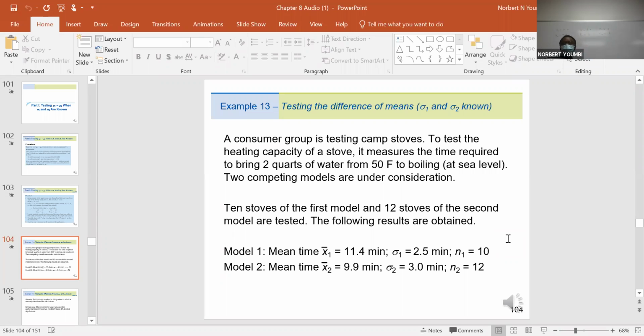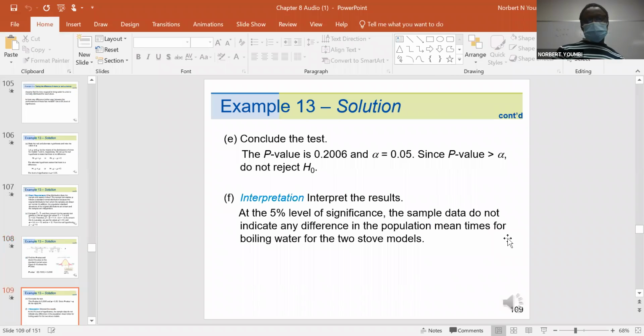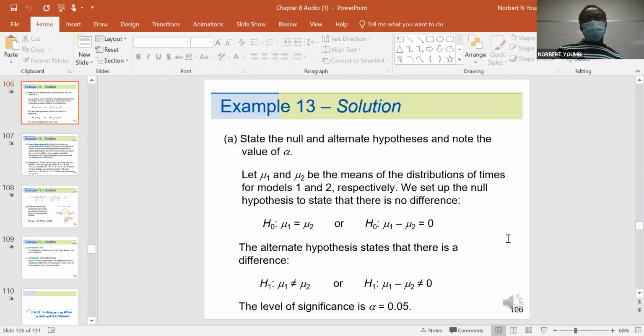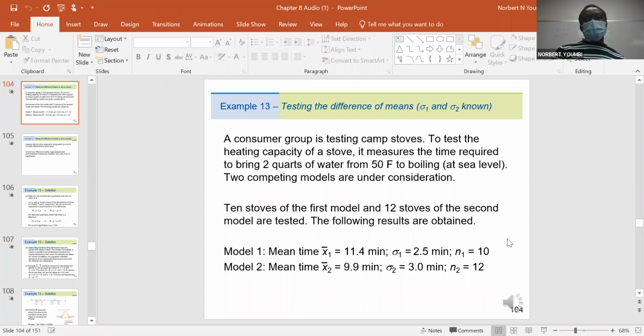From your calculator, you will go to stat, test, and choose 2-sample Z. Because sigmas are given, we use Z. Remember, we use Z when sigmas are given. Two-sample Z test. Has anybody seen it? What number is it? Number 3, when you go to test.